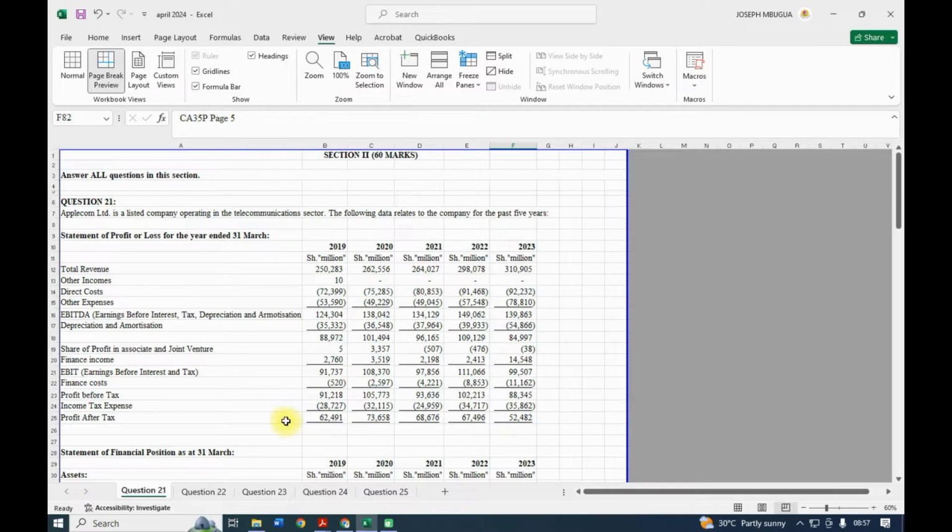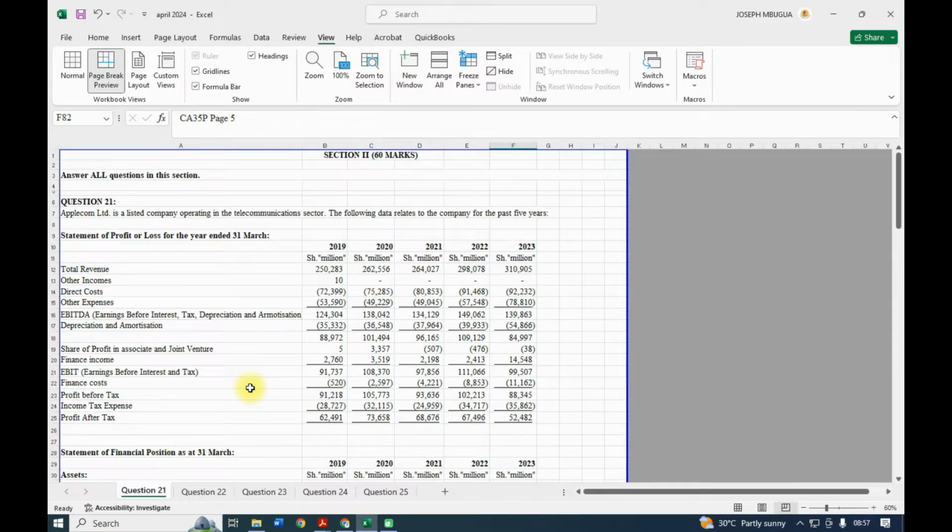Because management accounting is a compulsory unit, we now have three core areas under section 2, each carrying 20 marks. That's why we have three questions, and the student was supposed to answer all three.